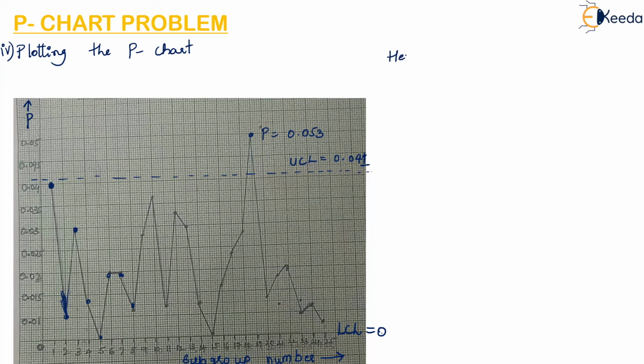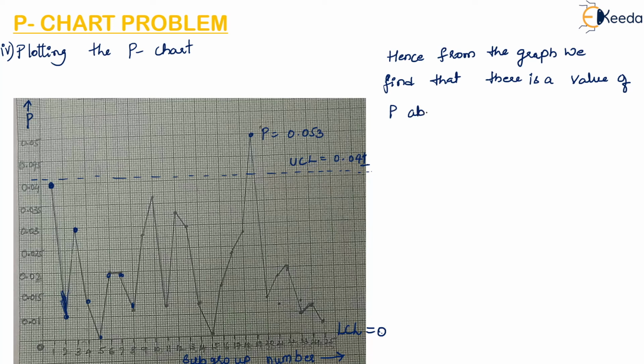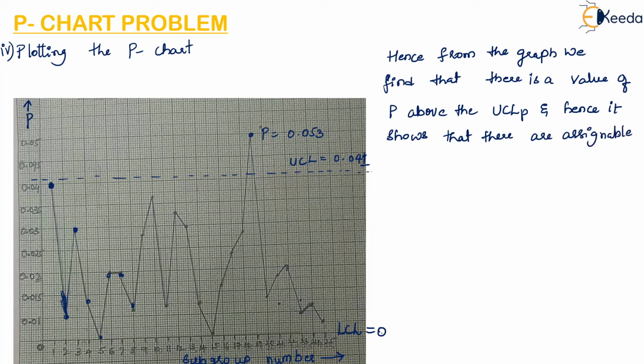So hence, from the graph, we find that there is a value of p above the upper control limit of the p chart, and hence it shows that there are assignable causes of variation in the process.